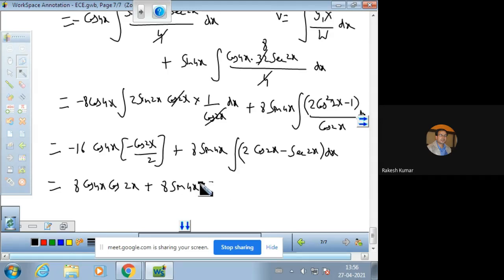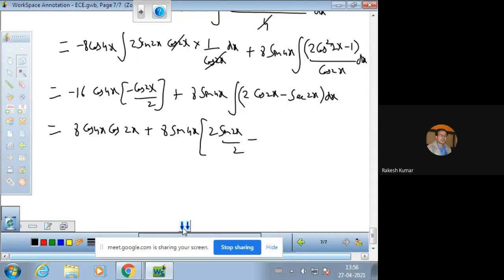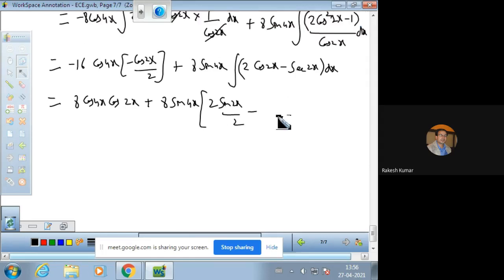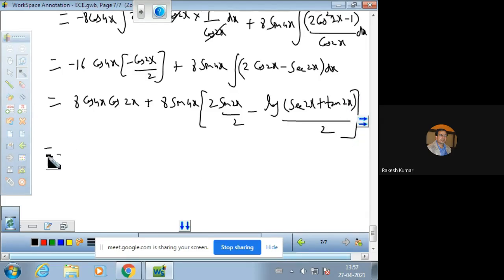Now you can use the integration method. The integration of cos 2x is sine 2x over 2, and for the integration of secant x there is a formula: log of secant x plus tangent x, over 2. Now this formula can be used here.